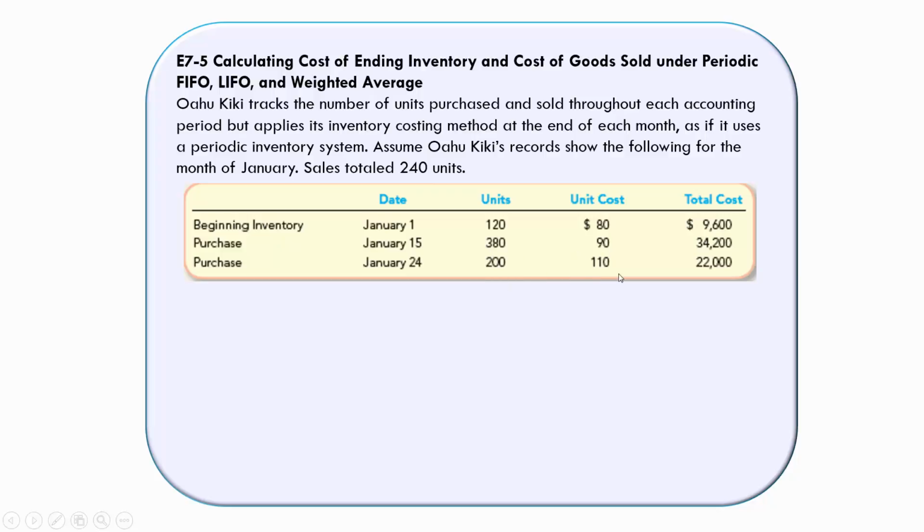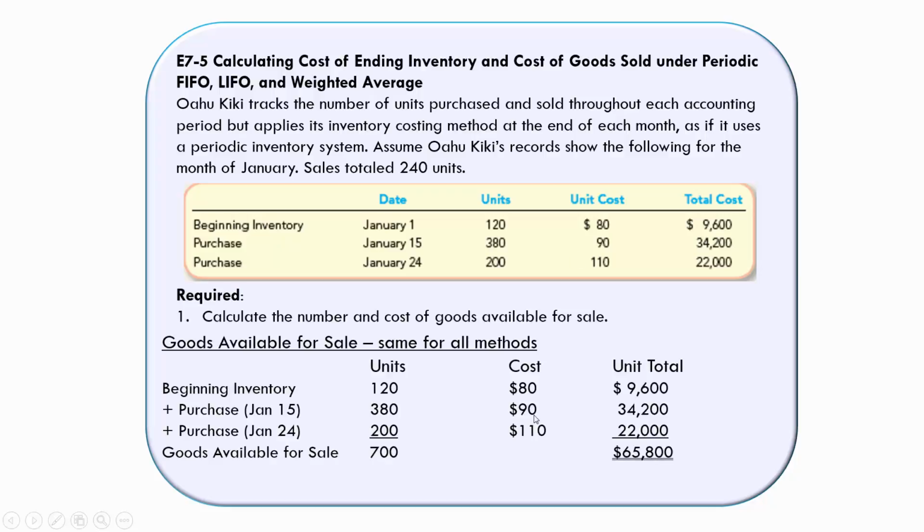So 200 will be valued at 110, and 40 will be valued at 90. And if that's cost of goods sold, then our ending inventory is going to be from the top. So first things first, you're going to calculate the goods available, which is 700 units. The value is going to be these combined for 65,800.